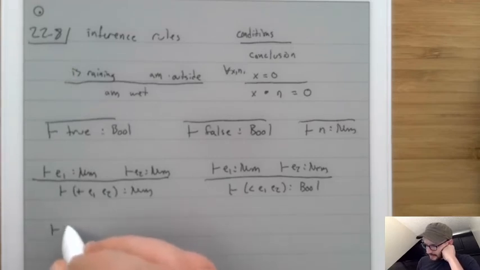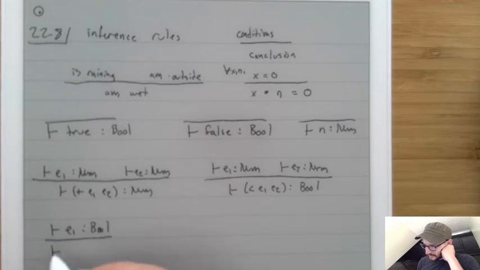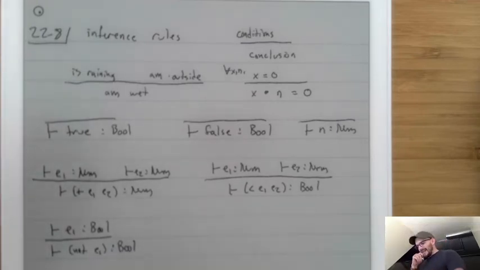If I predict that E1 is a bool, then I predict that not E1 will be a bool. This right here is a predictive theory about what happens when we run programs in this language.